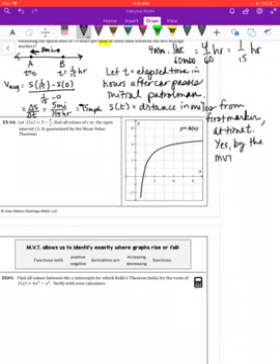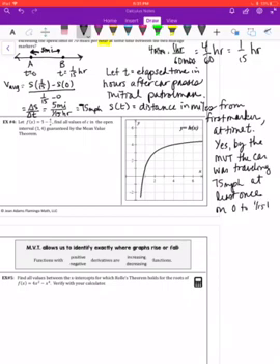So yes, by the mean value theorem, the car was traveling 75 miles per hour at least once on the 0 to 1/15 of an hour time interval.